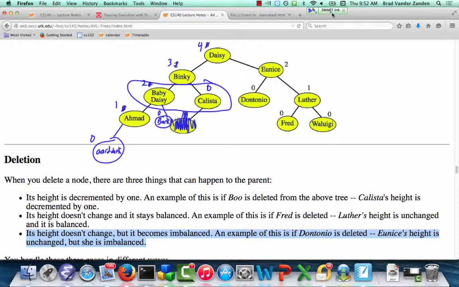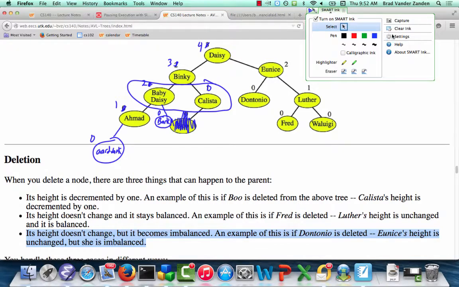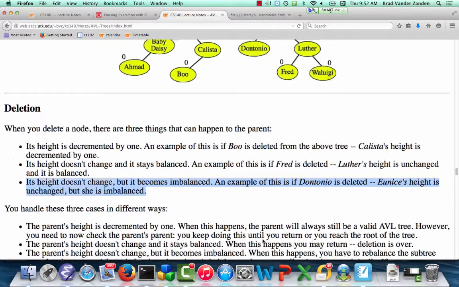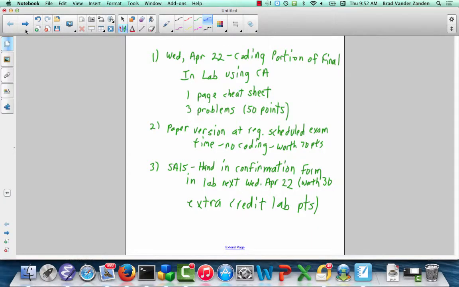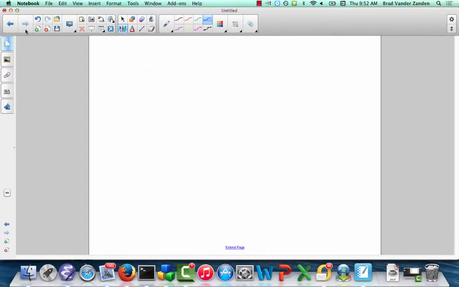Now, Dr. Planck's notes kind of go through an analysis of each of these situations, but you really don't need to go through that full-blown analysis. Instead, you can just go to the more general case, which is what you're going to do with your rebalance routine in the lab.